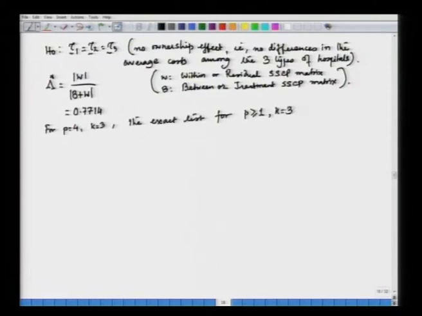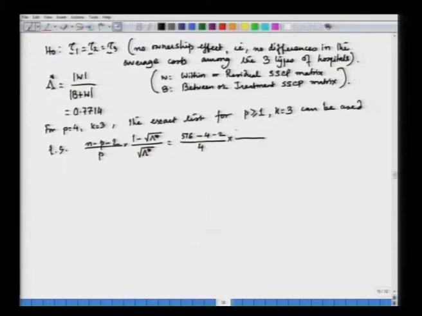This case can be used, and the test statistic here is n minus p minus 2 by p, times 1 minus root lambda star by root lambda star. I have n as the total number of observations, that is 516, minus the dimension minus 2, by the dimension, and then I have calculated the Wilks lambda.